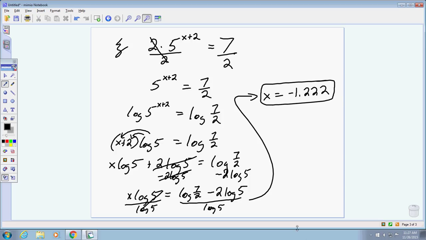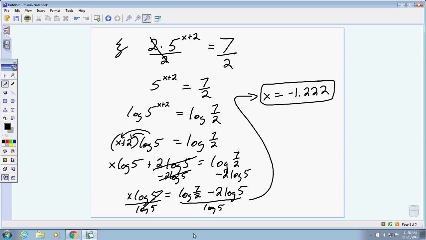Now, you'll notice here, I could also change this. If I didn't want to do the 7 divided by 2, what could I have said there? Log of 7 subtract the log of 2. Why? It's the dividing of the log, and your division rule says you can change that to a subtraction if you wanted to.